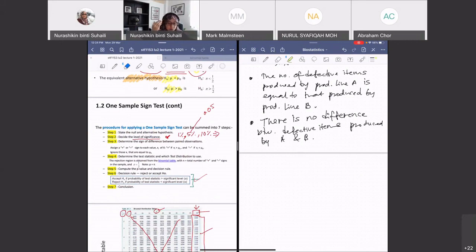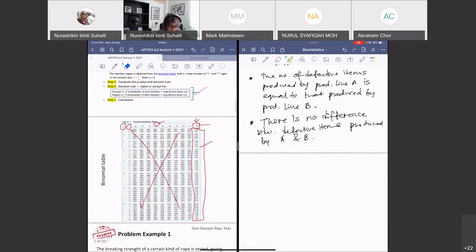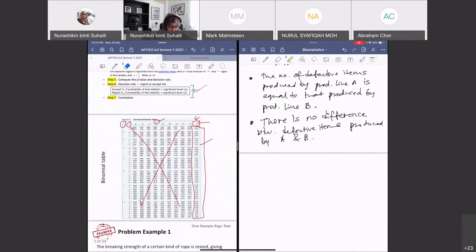And how to find the P. The P is the probability that you want to compare with the alpha value, as mentioned here. And how to use the binomial table. You have to know what N is. Don't get confused with the total number. N is the total number of positives and negatives only.